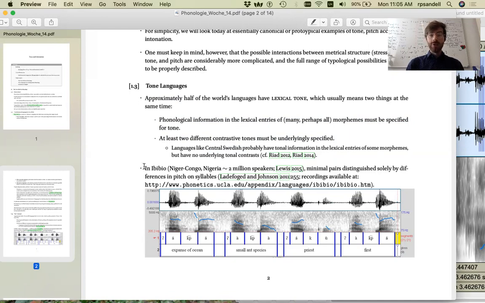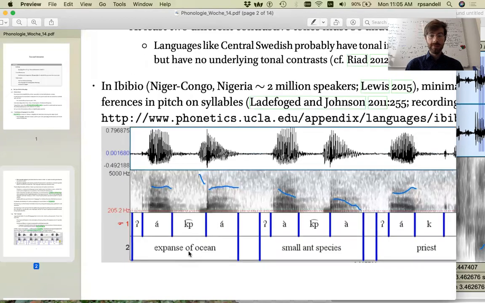Now, a relatively clear example of a tone language is furnished to us by the language Ibibio. This is a Niger-Congo language spoken in Nigeria, where we can see minimal pairs that are distinguished solely by differences in pitch on syllables. Let's zoom in a bit here.